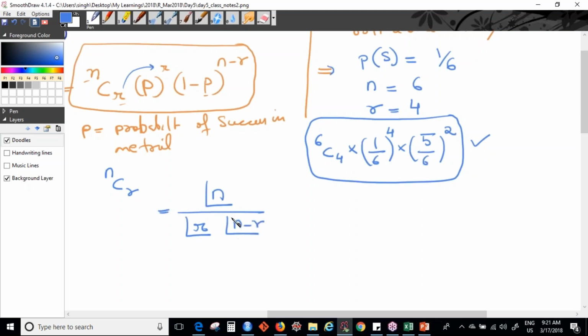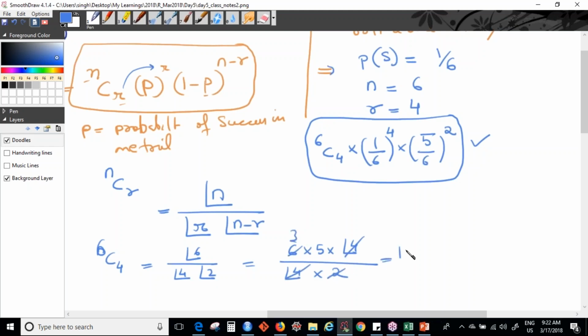So if you have to calculate 6C4, your answer will be 6 factorial over 4 factorial times 2 factorial. 6 factorial you can write as 6 into 5 into 4 factorial. This is 4 factorial. 2 factorial is 2. These will cancel out. So 15 is your answer.